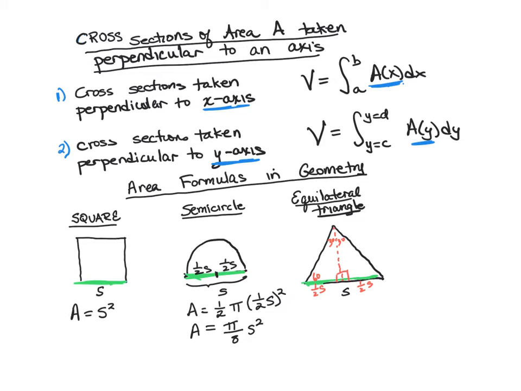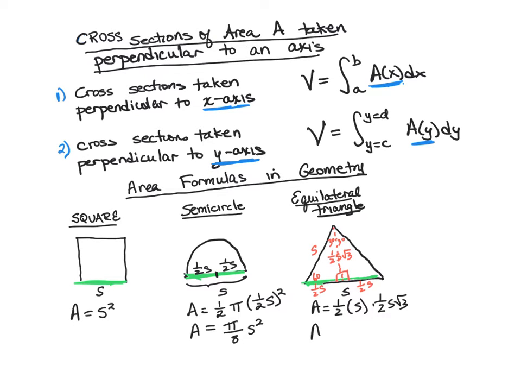And the height would also be represented in terms of S. So we could have it as 1/2 the hypotenuse times the square root of 3. So this is 1/2 S times root 3. So the area of this equilateral triangle would be 1/2 the base, which is S, times the height, which is 1/2 S root 3.